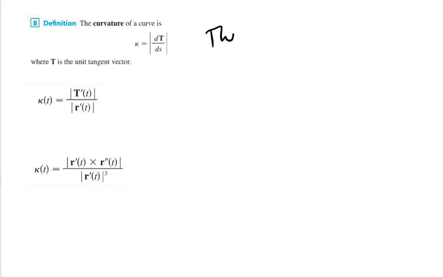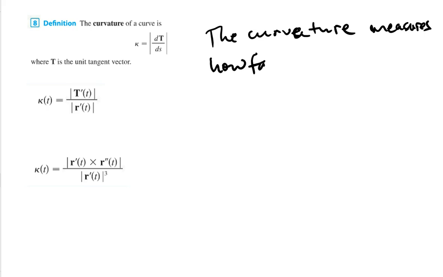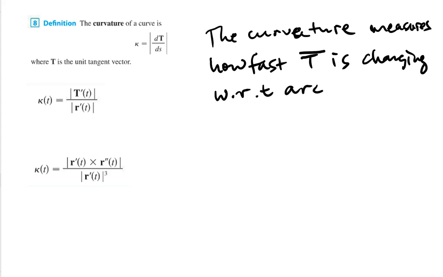So the curvature is basically how fast the tangent vector is changing with respect to arc length. It measures how fast T, your tangent vector, is changing with respect to arc length, not time, not angles, arc length.